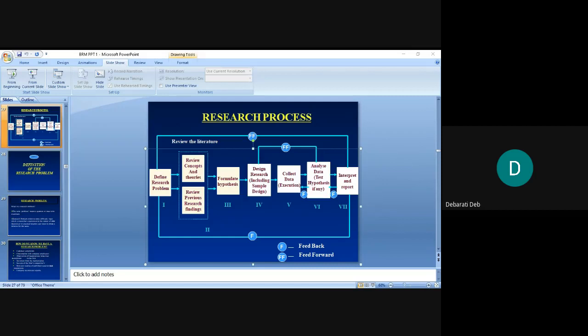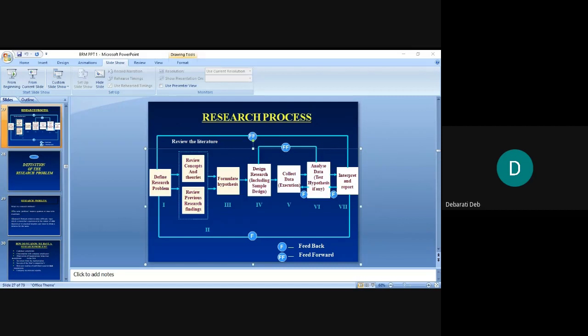Then how do we know we have a research problem? This is important. Yesterday Pratiksha was asking me, ma'am, I don't have good knowledge about sales and marketing, so how do I find a problem? So I think this slide will be a little bit of help to you. How do you know that you have a research problem?